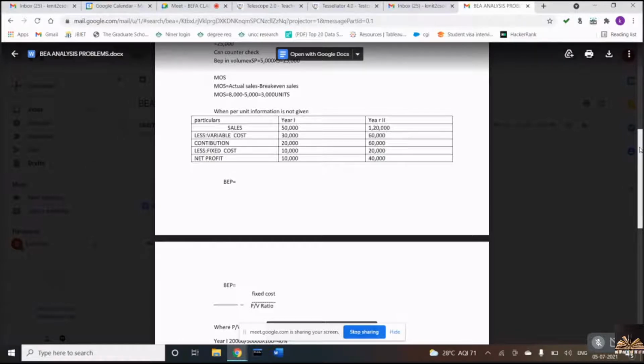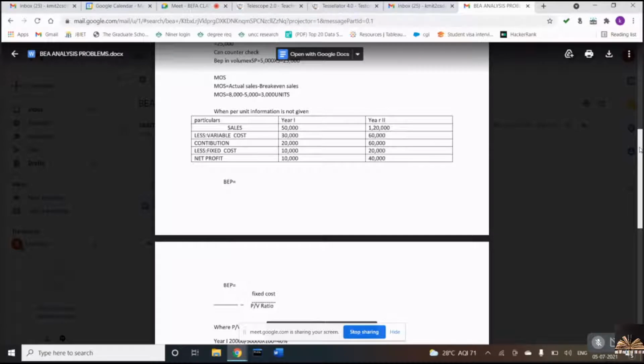I'll just give you the information. Just calculate, okay? A high-tech rail carries 36,000 passengers per annum. At a fare of rupees 400.